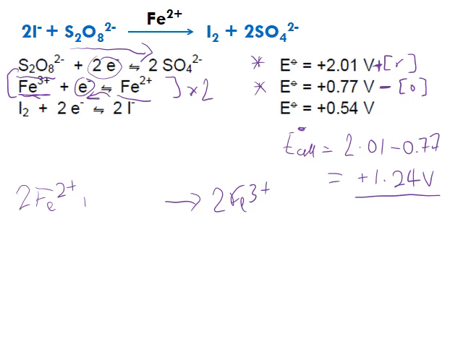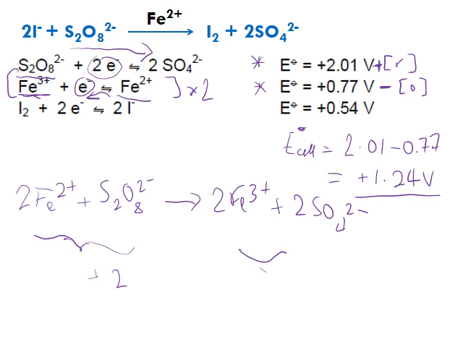And going this side, I've got 2 S2O8 2- forming 2 SO4 2-. So that's my first stage of the reaction. Sorry, it's a bit messy. It's always worth checking the charges to make sure the charges are balanced as well as the atoms. So +4 -2, +2 on this side. We've got +6 -4, so +2 on that side. So that's all balanced up.